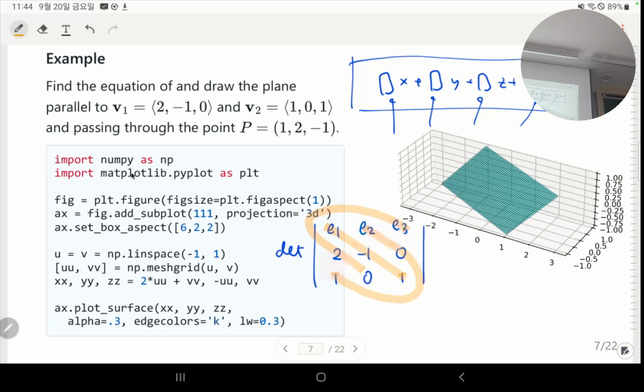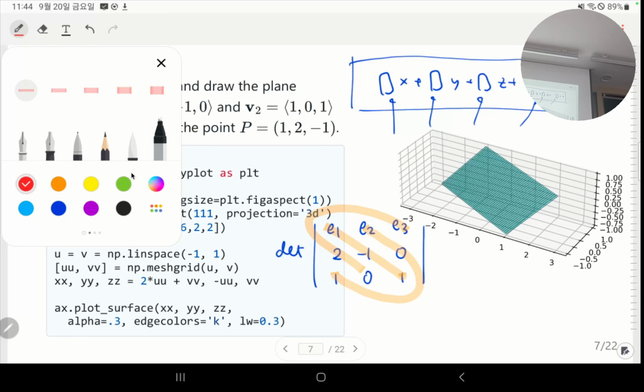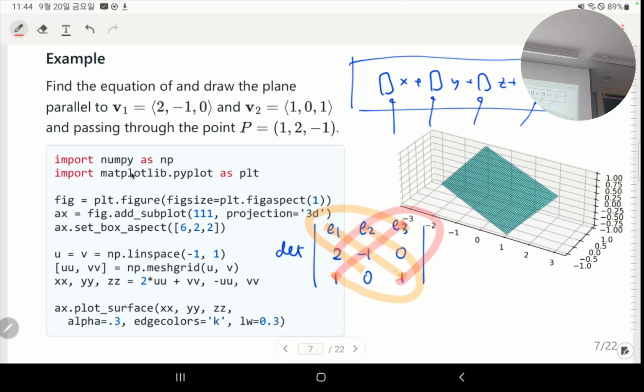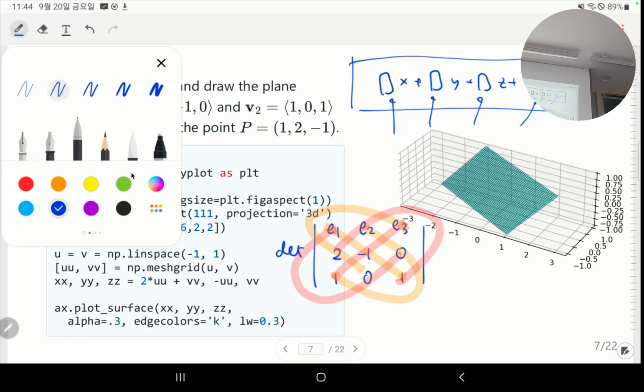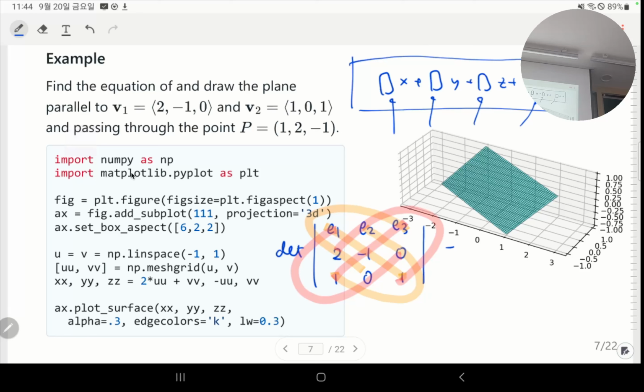Here is a positive and here is the negative, so it's a negative and positive. When you take the yellow lines, it's a positive sign, and the red lines are negative sign.